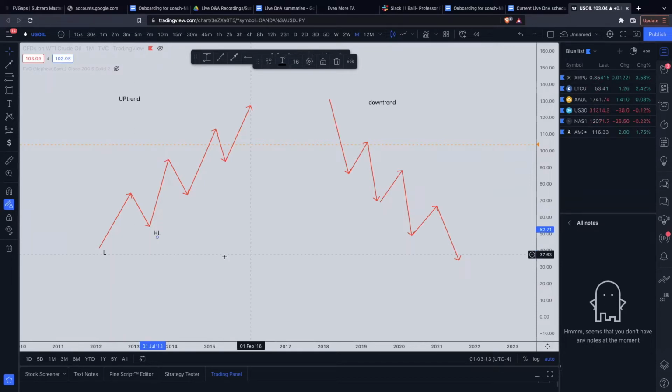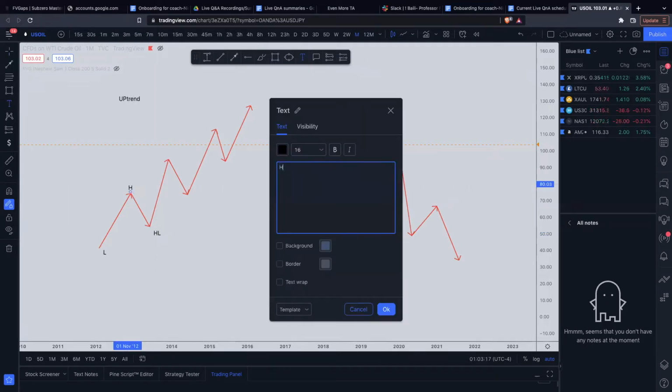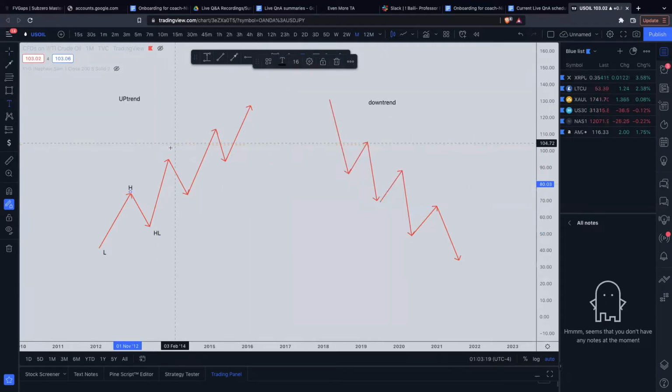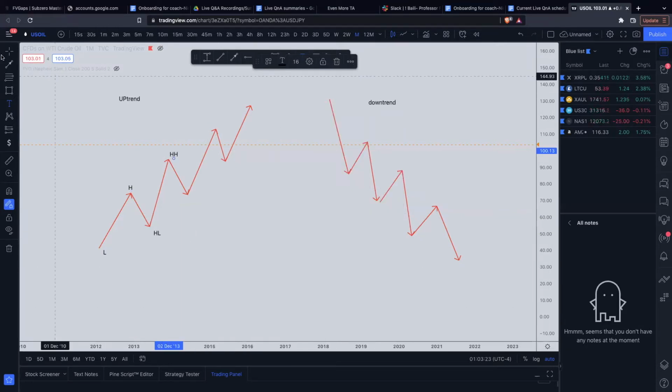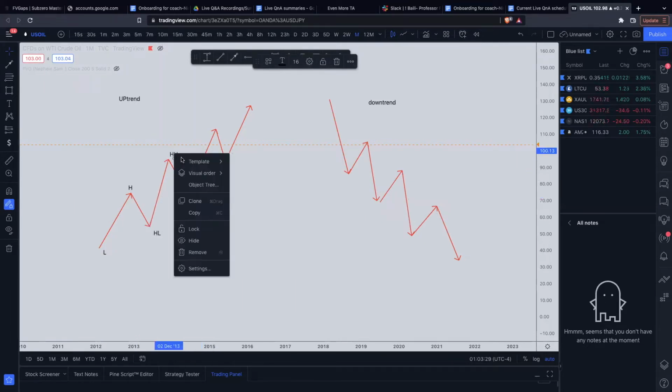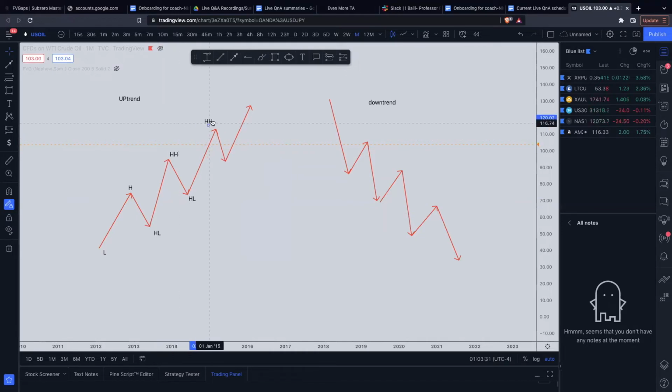All right. The next part of it is going to be a high and a higher high. And that just means, again, the same thing. This high point is higher than the previous high point.